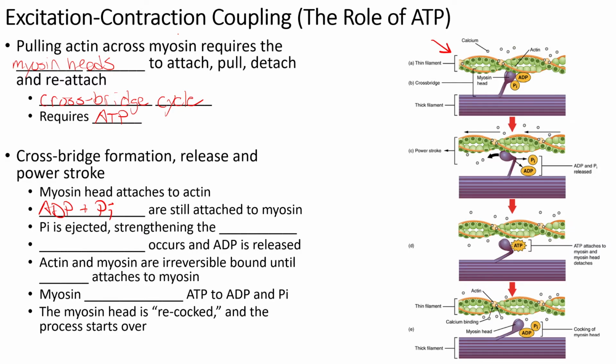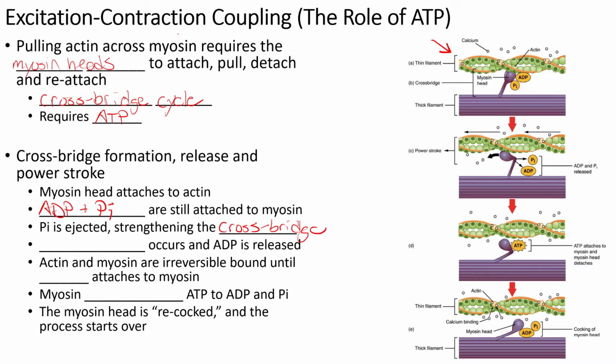Okay? Now, the first thing that happens once we do this is the inorganic phosphate is ejected from the myosin head. And what that's going to do is strengthen the cross bridge. So what this means is it makes them attach even more strongly.